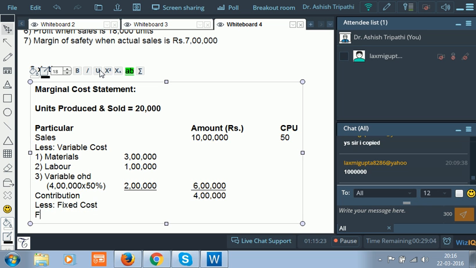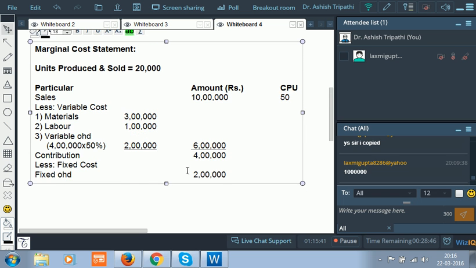And in fixed cost we are going to have only one item, that is fixed overhead, which is the remaining 50% of total overhead. So it will be 2 lakhs.